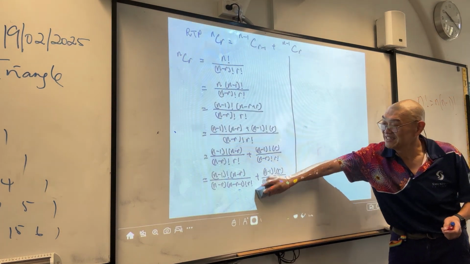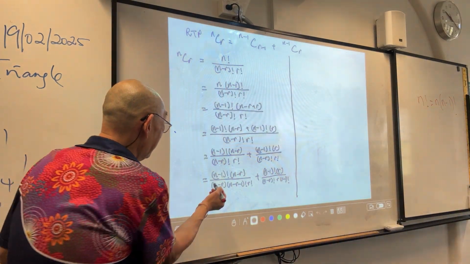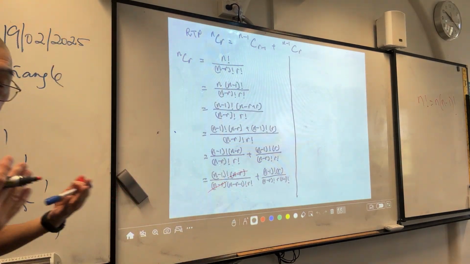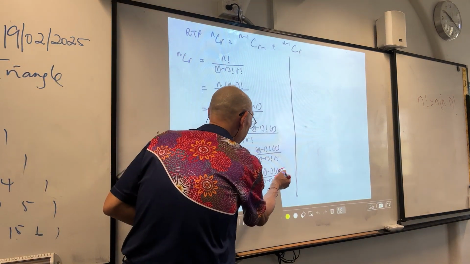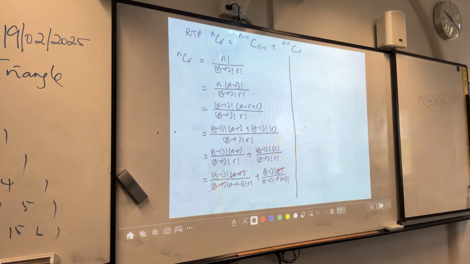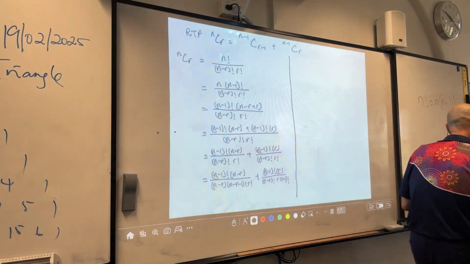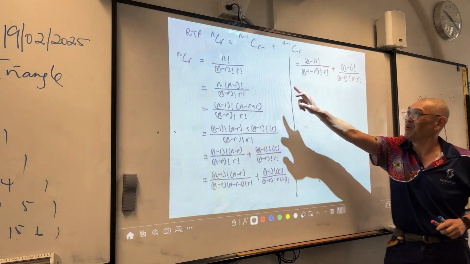Trying to rearrange things. So, in this case, what can I do? I can eliminate n minus r. n minus r divided by n minus r is 1. I can eliminate my r. Yeah? So, from there on, I've got that. What is that telling me? n minus 1.